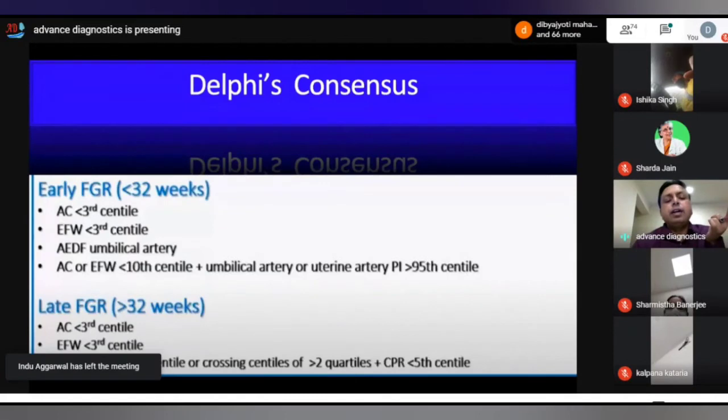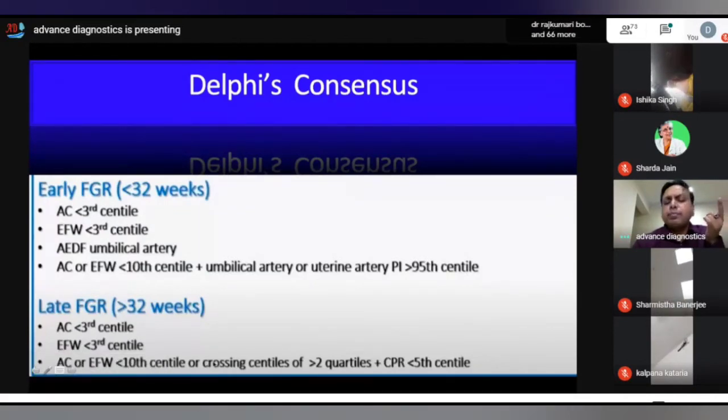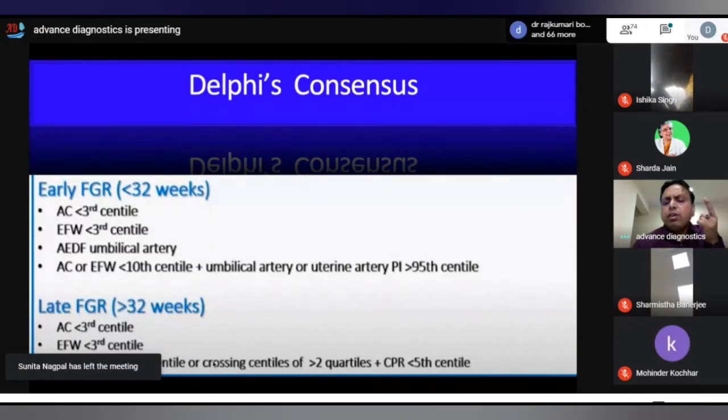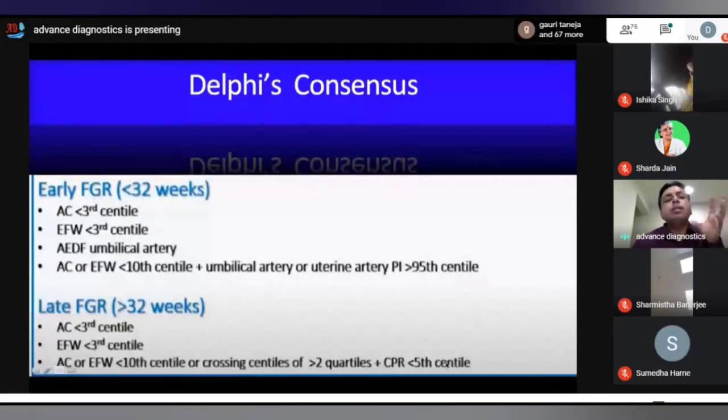And if you are seeing AC or estimated fetal weight less than the third centile, or crossing of two quartiles, with CPR less than 5th centile, this is suggestive of late FGR. You can take a picture of this slide for your day-to-day practice.